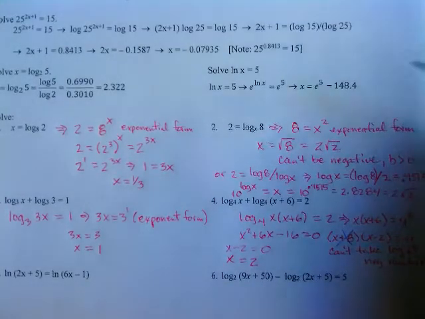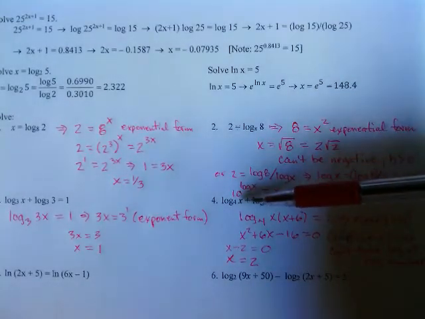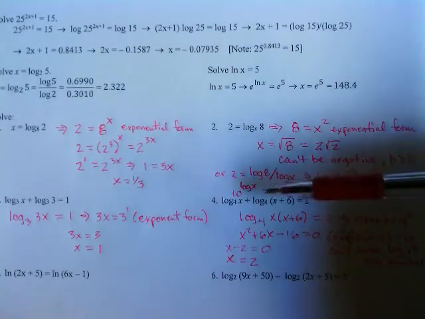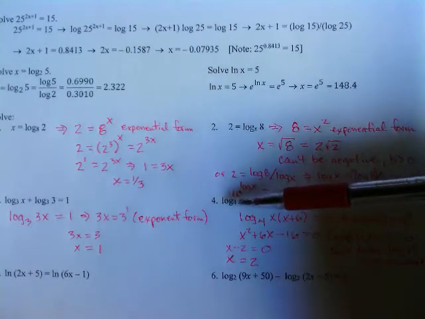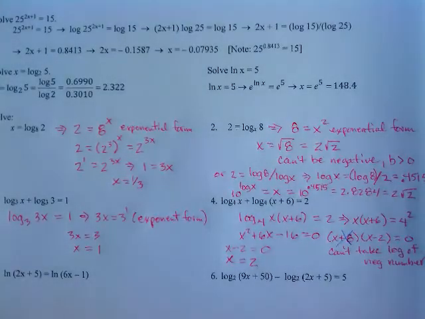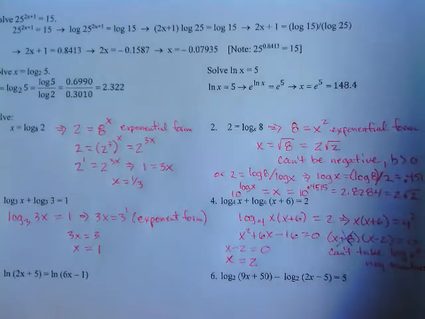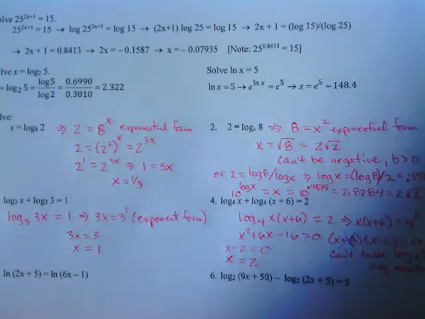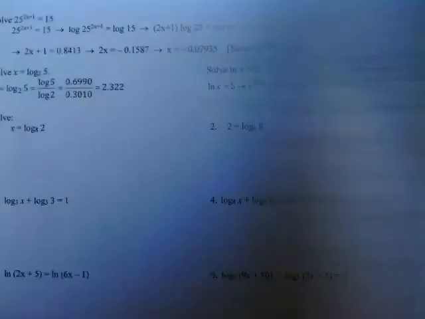By the way, we can plug it back in to check. Over here we would have log base 4. In fact, let me go ahead and do that on the other side for a moment by plugging in the various parts. So we started with log base 4 of x plus log base 4 of x plus 6. That equals 2.